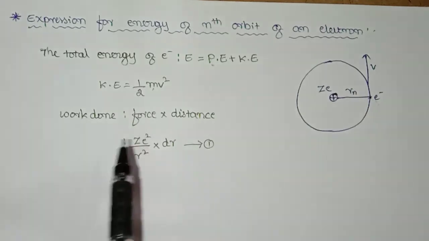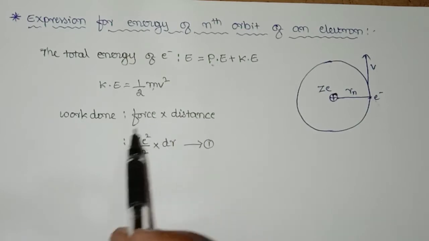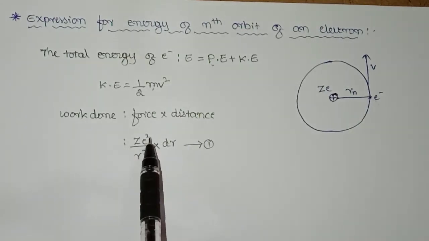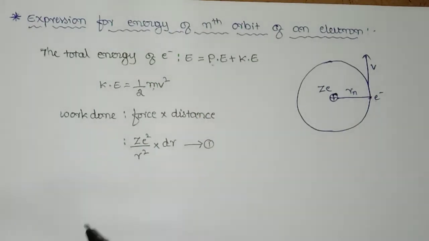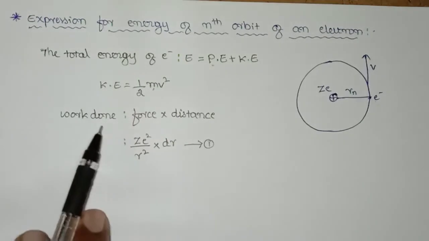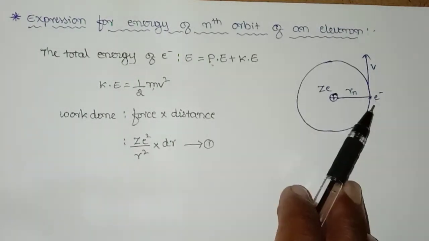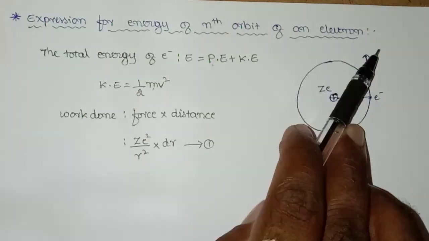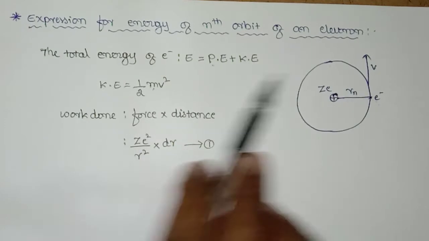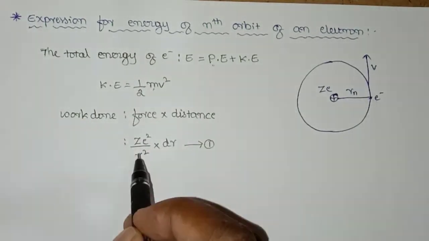So in order to get the exact potential energy value, the work done expression we have framed has to be subjected to integration between the limits r and infinity, because the work is done by the electron in moving from a distance of infinity to the distance of r, right? So the limits should be infinity to r. So we need to perform the integration.